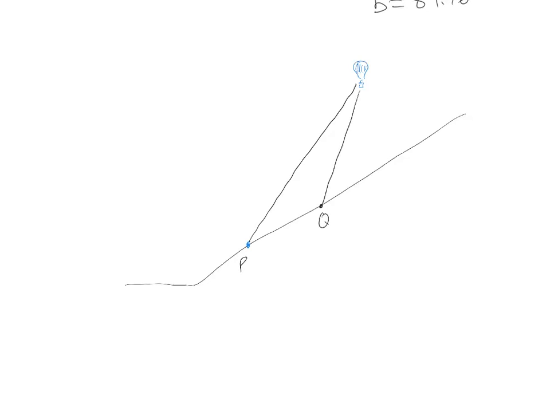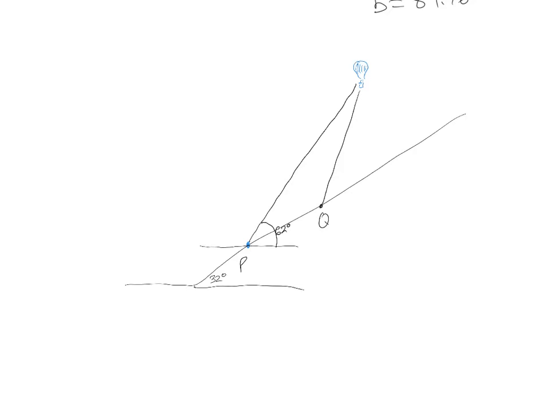P and Q are located on the side of a hill that is inclined 32 degrees. That's what's important behind this one. The observer at P determines the angle of elevation to a hot air balloon to be 62 degrees. So this whole angle right here is 62 degrees.